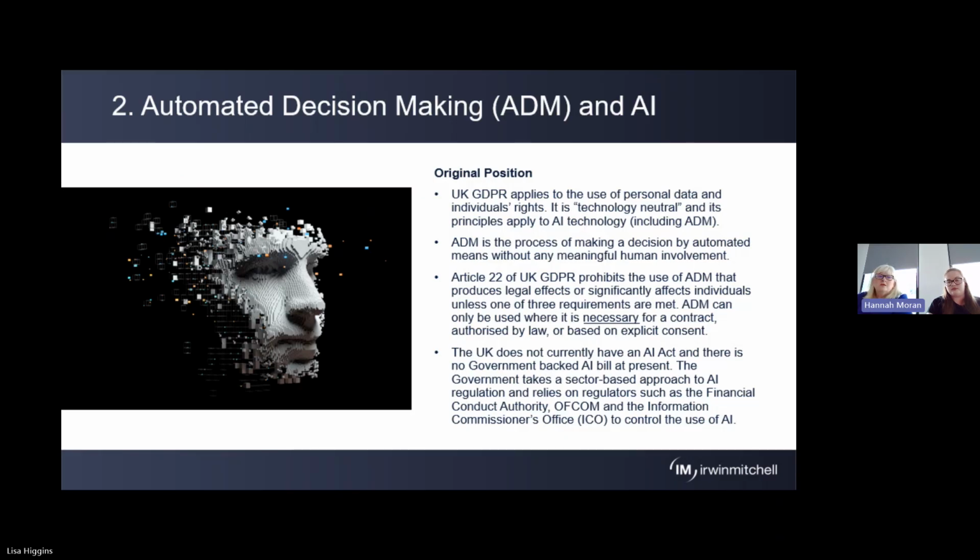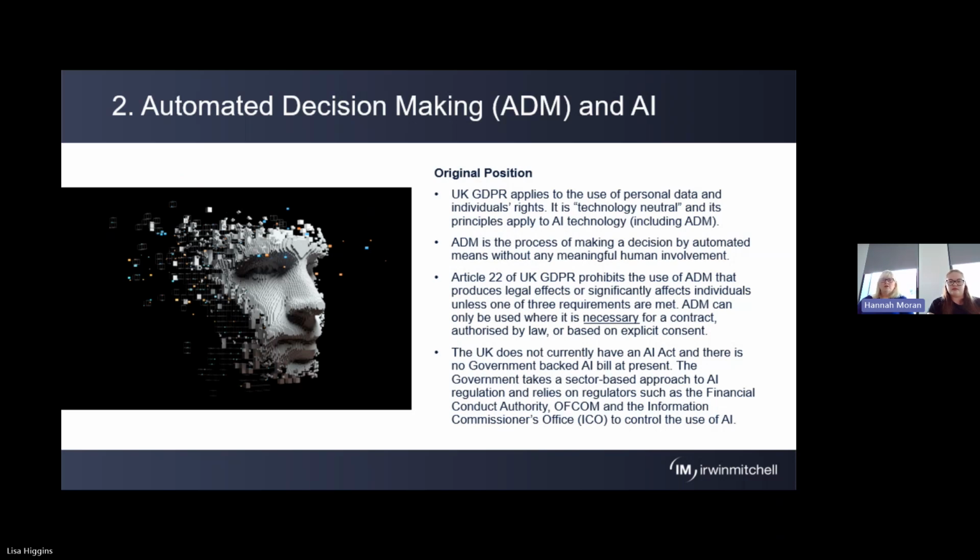So automated decision making. Automated decision making has been around for a while. It was governed by the 1998 Data Protection Act and EU GDPR. It was quite heavily restricted by EU GDPR. Essentially it's a decision that is made by automated means without meaningful human involvement.